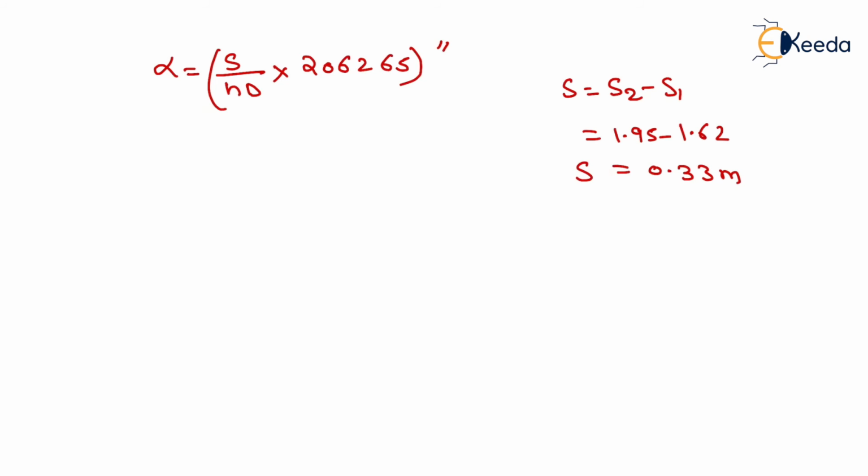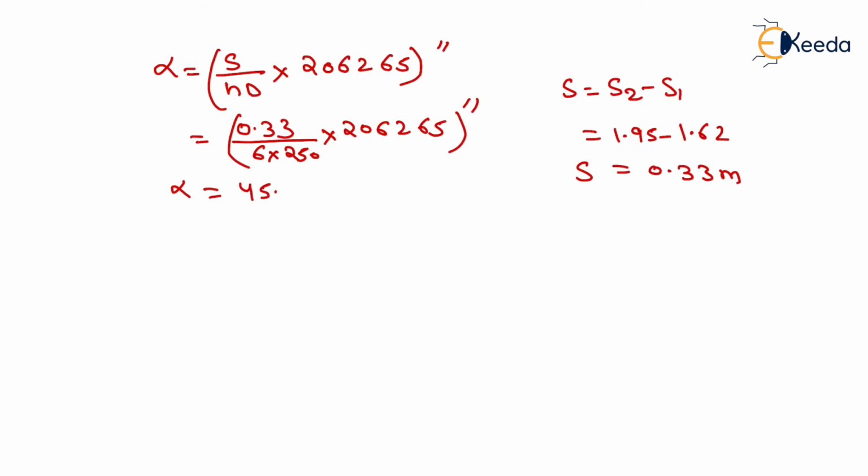That will be the value of staff intercept S. So we will write it as 0.33 upon value of n is 6 and the value of d is given as 250 into 206265 in seconds. After solving this, we will get sensitivity of bubble tube or sensitiveness alpha is equal to 45.37 seconds. That will be the value of alpha.